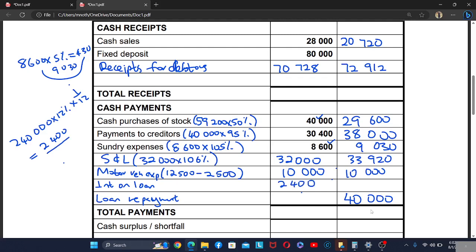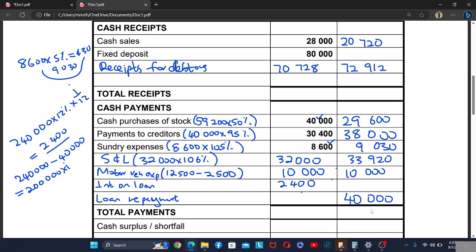But then from October, the loan is going to decrease. The loan was 240,000, but from the 1st of October it's going to decrease by 40,000. So for October, we are going to calculate the interest on 200,000 because it is no longer 240,000, it is now 200,000.